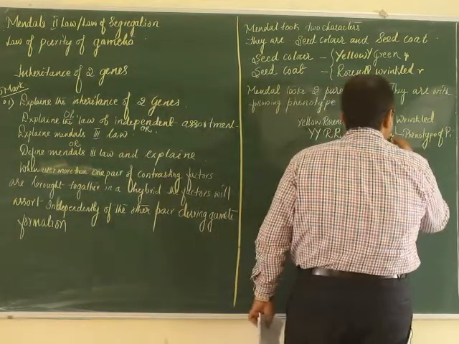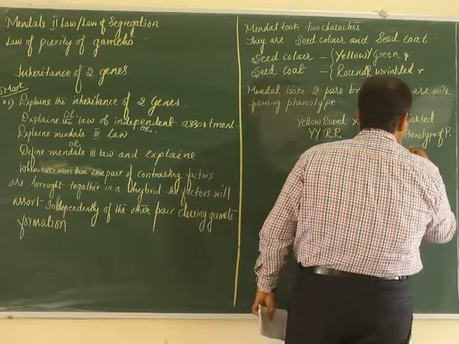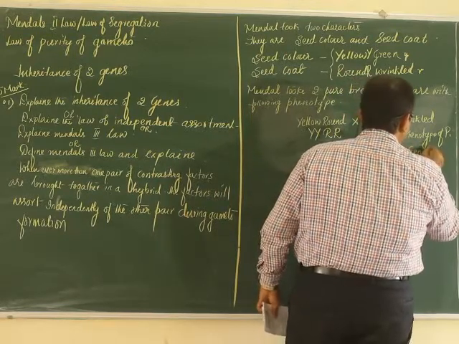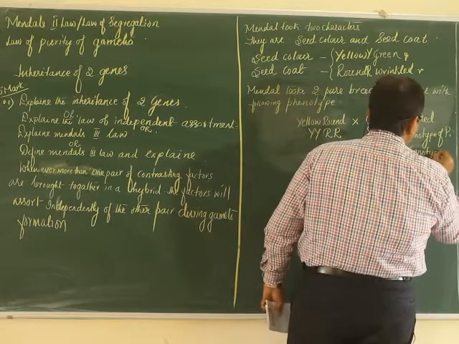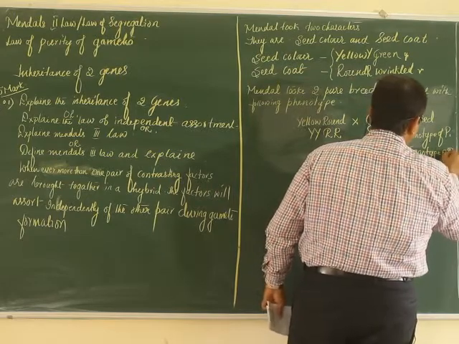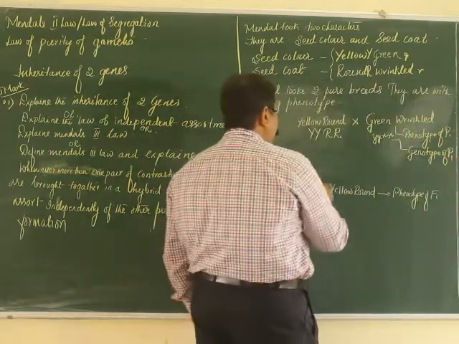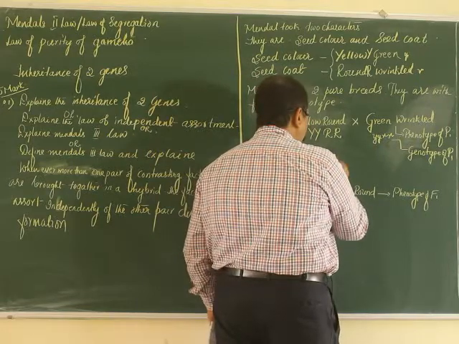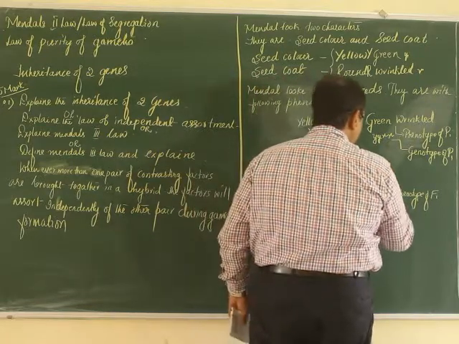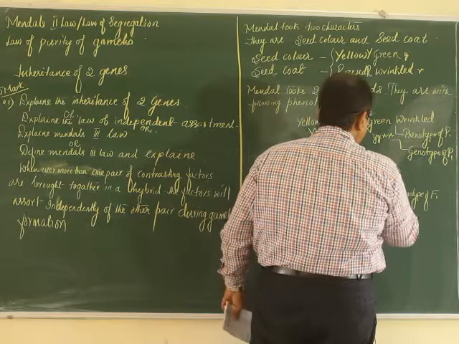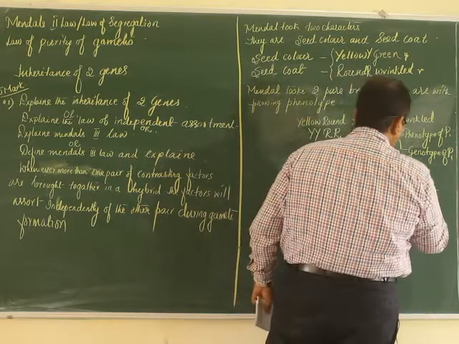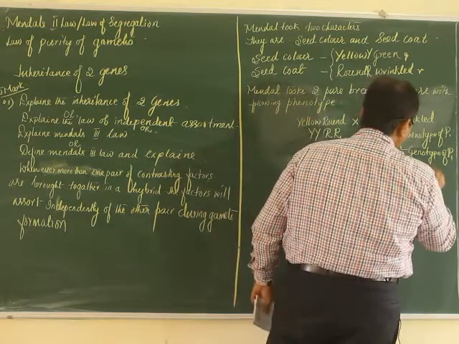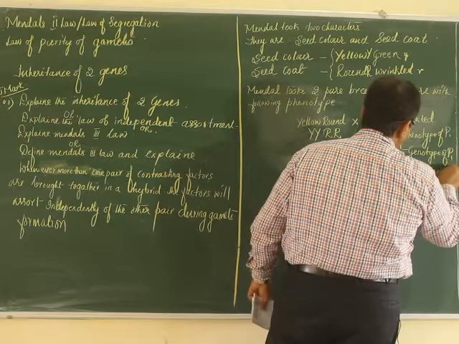So now this is the genotype of P1. And capital Y, capital R, small y, small r, these are the gametes of P1.